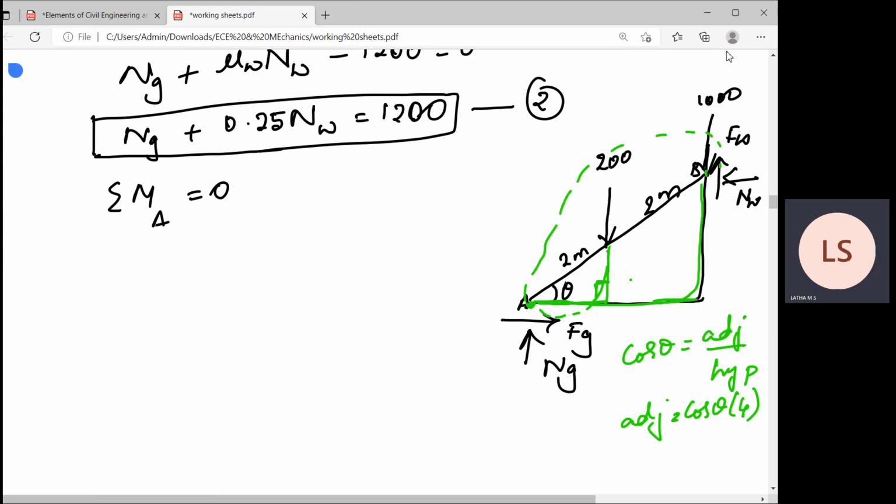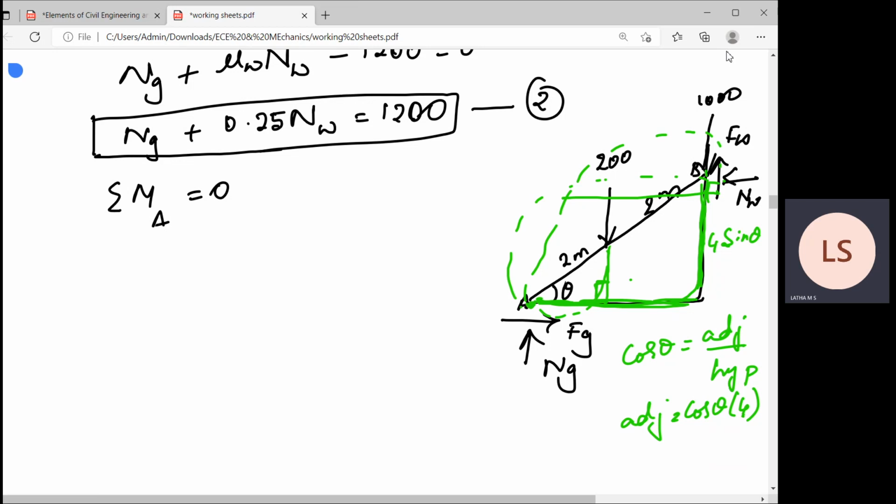Anti-clockwise. What is the perpendicular distance? This is the perpendicular distance. Nw, how is it moving? It is moving anti-clockwise. So for Nw, this is the perpendicular distance, which will be 4 sin theta. Okay, now I'll write the equation.